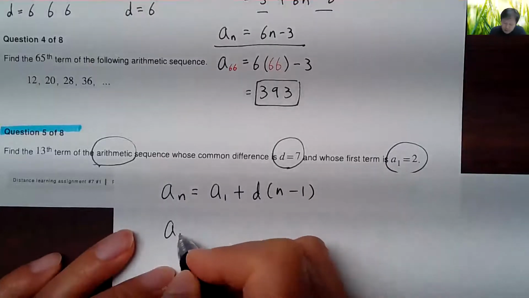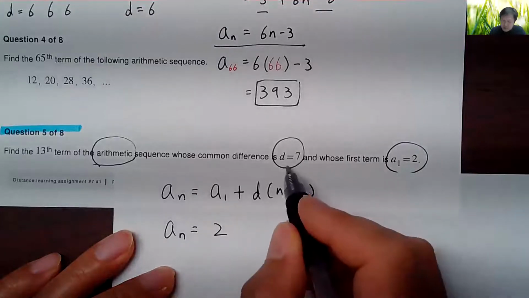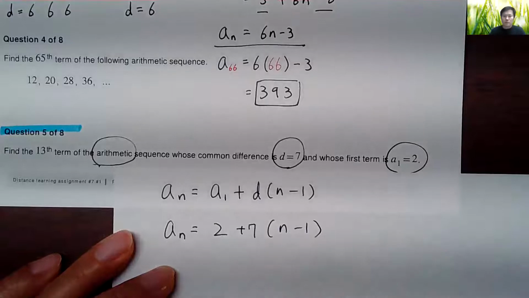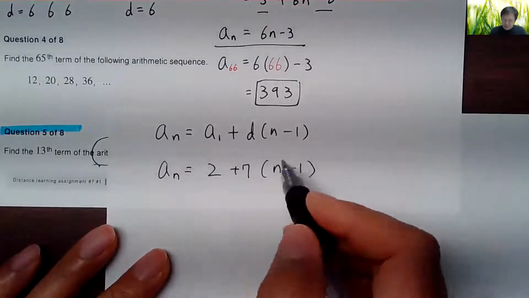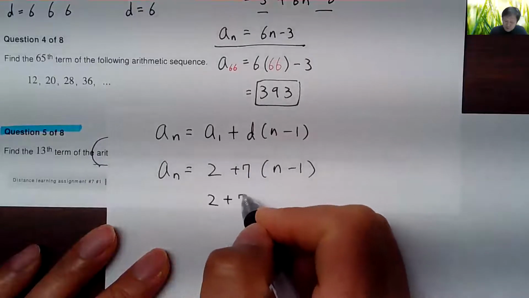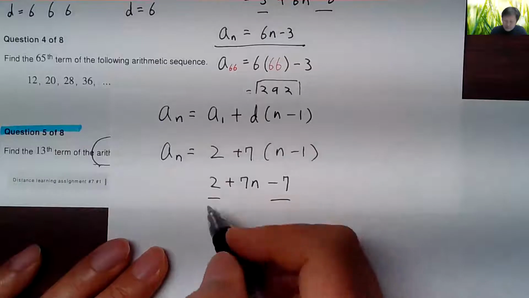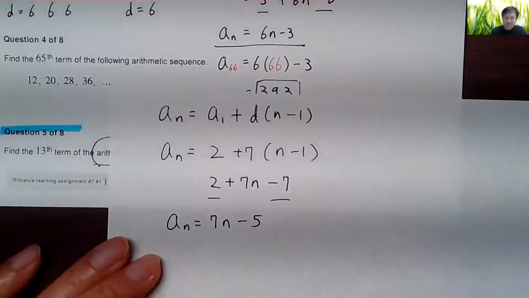And a sub n equal to a sub 1, value is 2, plug it in, d is 7, parenthesis n minus 1. Again, you want to simplify, distribute 7, so 7n minus 7. Combine like term, 7n minus 5 will be a sub n.